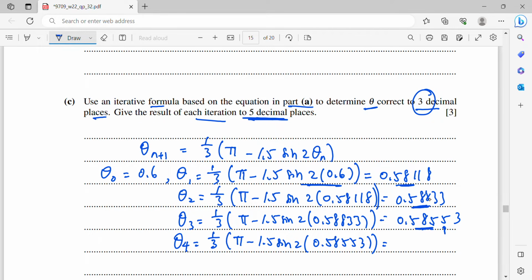Now, our theta 4 is going to be 0.58662. When I check, 5 and above, round up, I will be getting 0.587. But the previous is 0.586 if I round up. So now, continue for one more calculation.